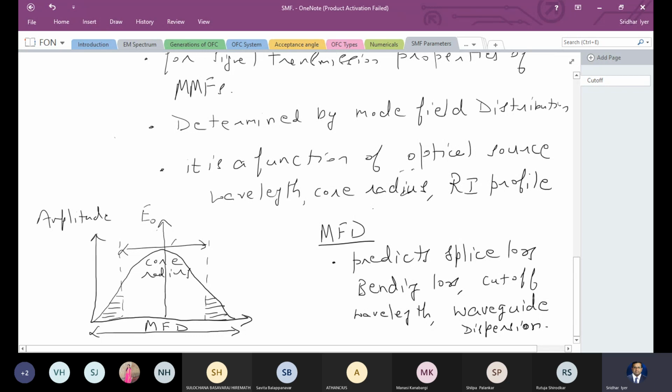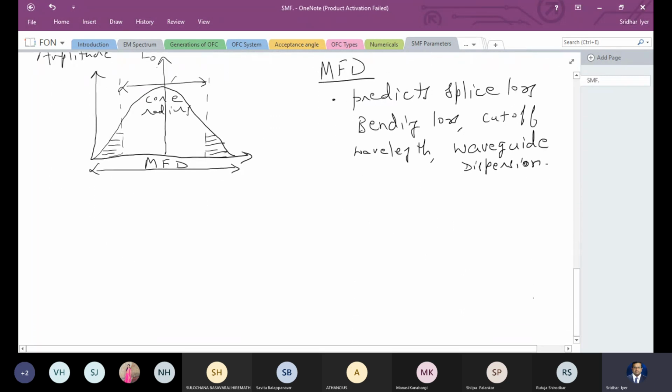The dispersion can also be of different types. One is known as material dispersion and the other is known as waveguide dispersion. So this mode field diameter will help us in predicting what is known as the waveguide dispersion. Okay. So right now this is just an introduction to the dispersion part. We'll be doing the detail more in module 2, right?